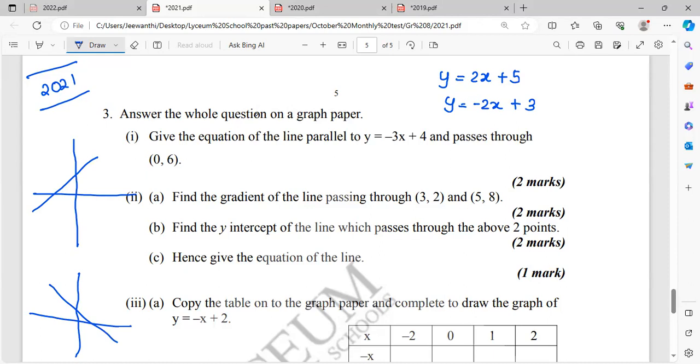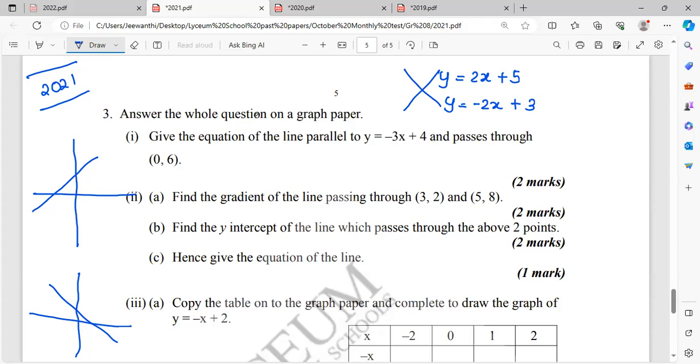If the gradient is positive, it makes an acute angle with the x-axis. If the gradient is negative, it creates an obtuse angle with the x-axis. Therefore, you can't find the same kind of line. Therefore, they are not parallel, even though the value is 2 and 2, right?